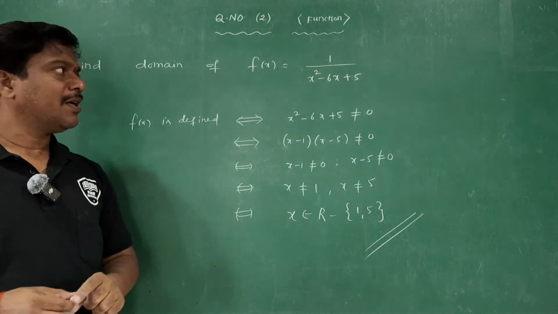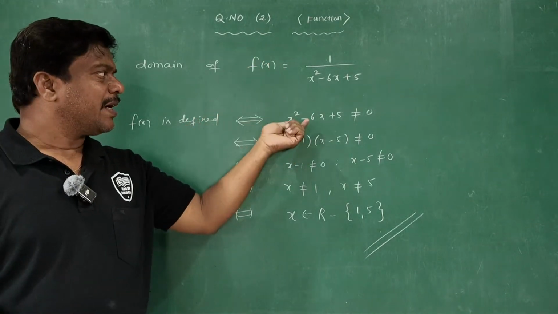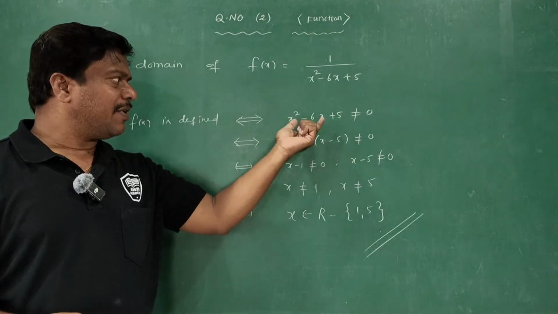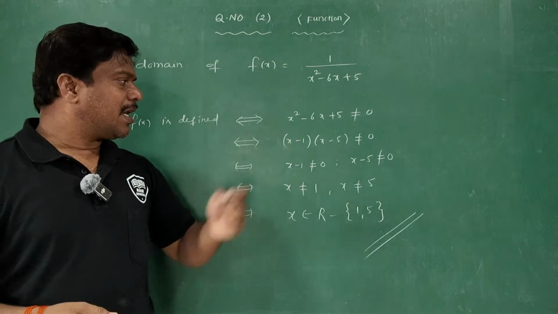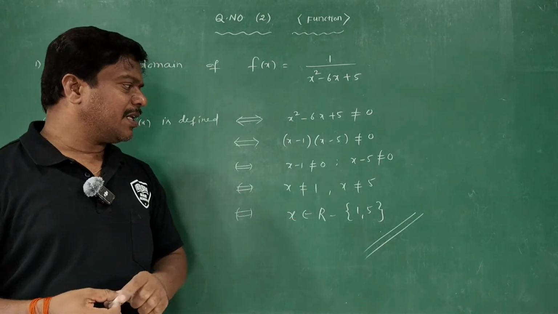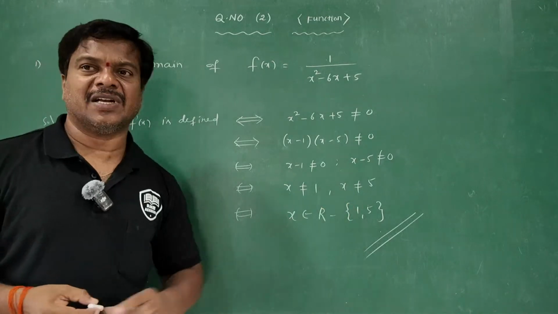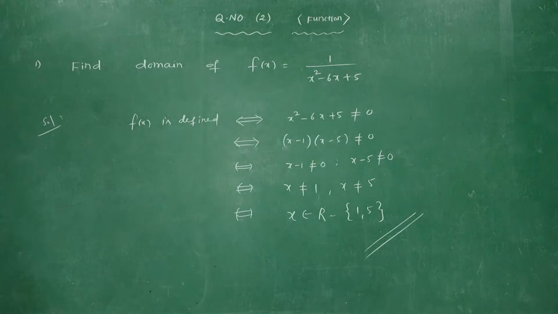Domain is nothing but, due to the rational function, the denominator part should be a non-zero quantity. After factorization you got x minus 1, x minus 5. Since they are non-zero quantities, x not 1 as well as x not 5, that is any real number except 1, 5 is your answer. So in this way you have to express.